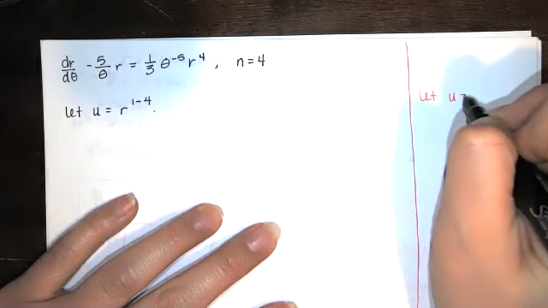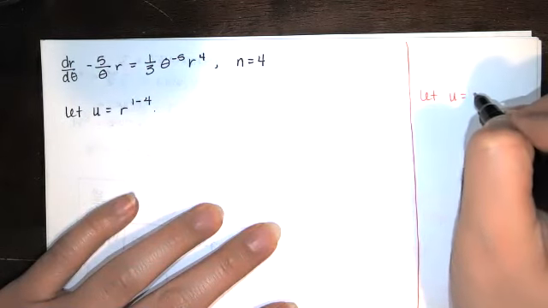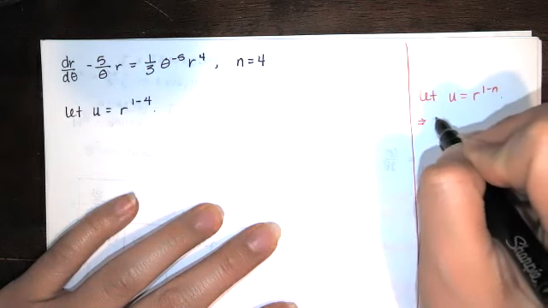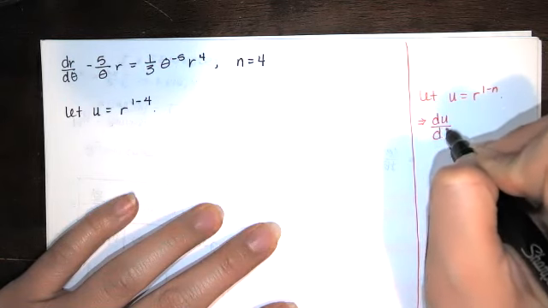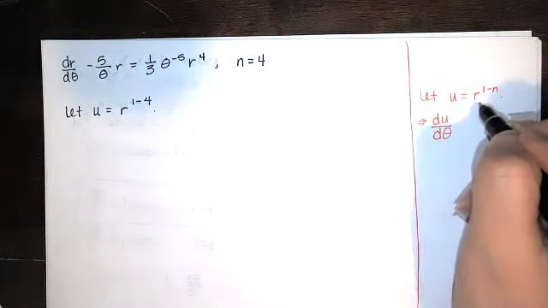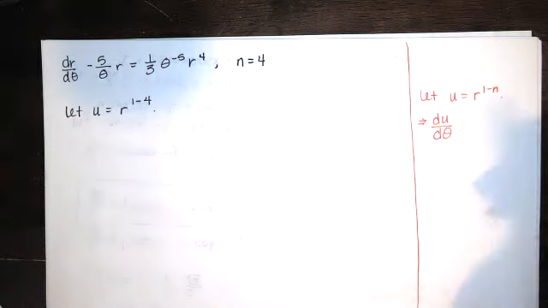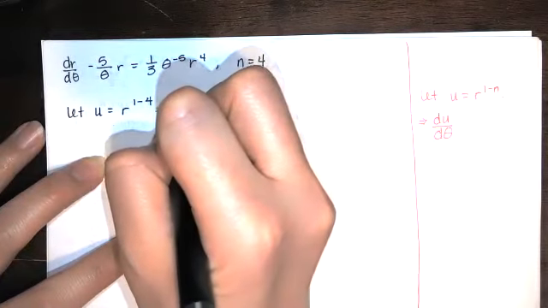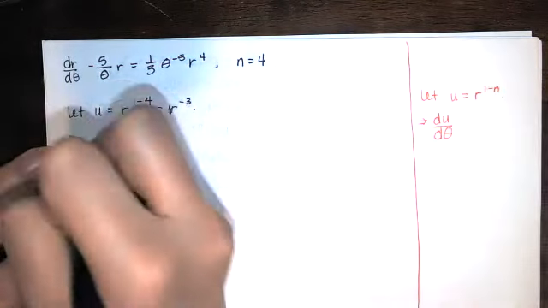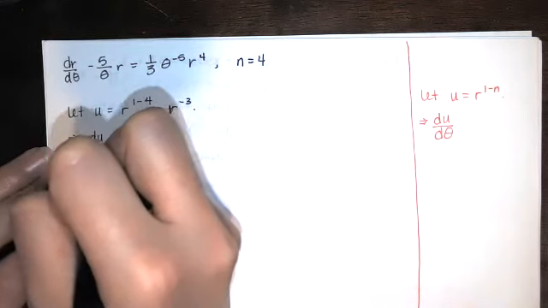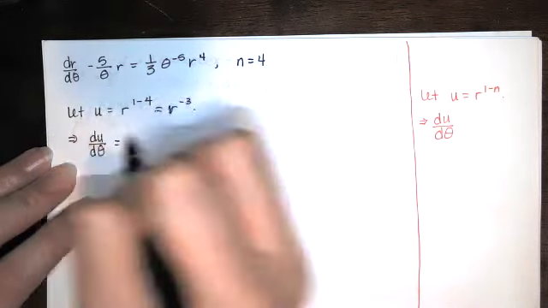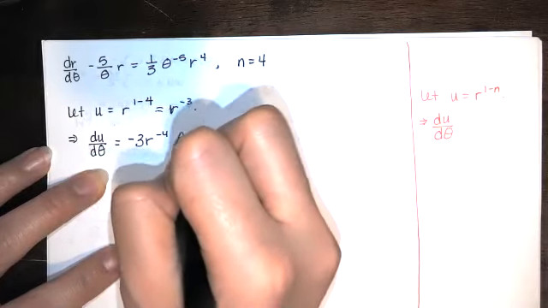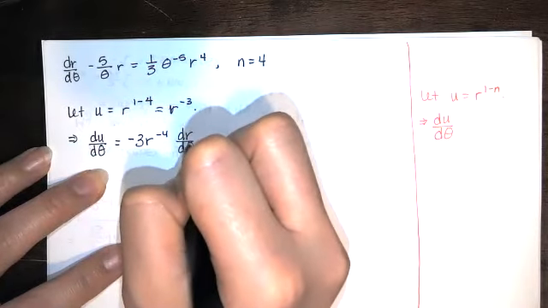So we're going to let u equal the dependent variable to the 1 minus n, and then compute du/dθ, where you remember that r is a function of theta. So u is r to the 1 minus 4, which is r to the negative 3. That means du/dθ, by the chain rule, is negative 3r to the negative 4 times the derivative of the inside, that's dr/dθ.